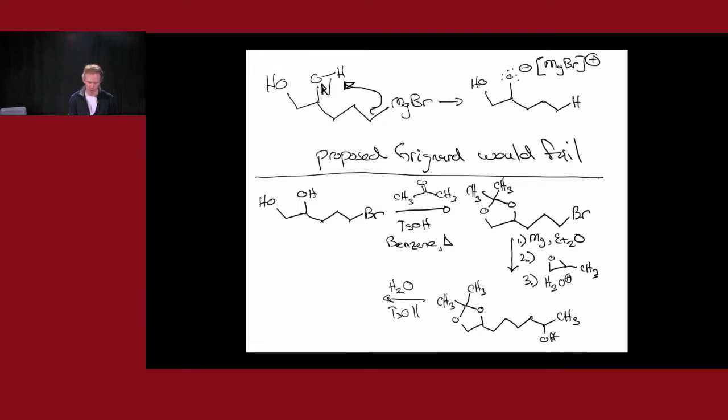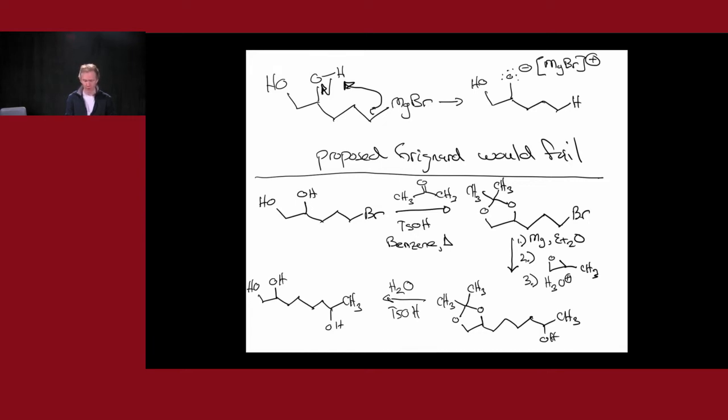We'll keep the same acid catalyst, tosic acid, and this would allow us to free up that diol, regenerate acetone as our byproduct, and give us the alcohol product that we desired as our final product.